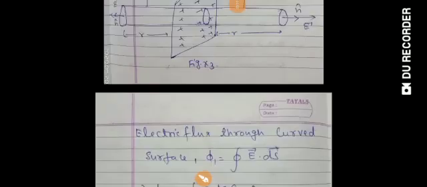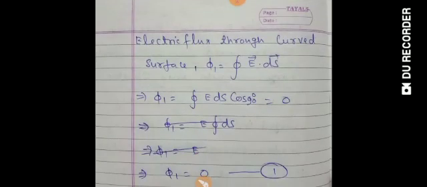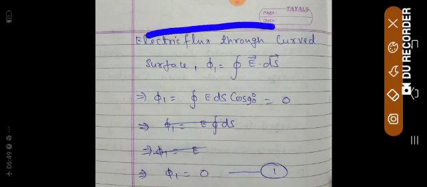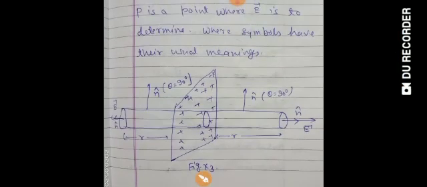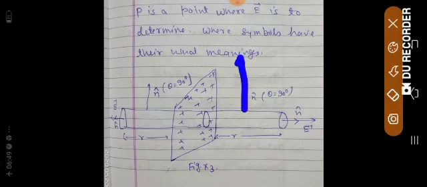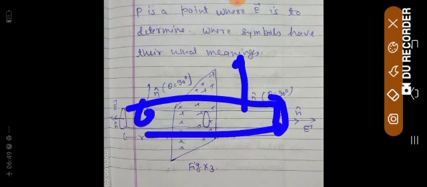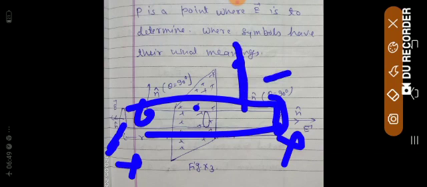Okay, come to this one. Electric flux through the curved surface. Where is the curved surface? I am going to show you one more time in the diagram. These are the curved surface area, the blue lines, not the cross-sectional areas. This is the curved surface area and here theta is 90 degree.